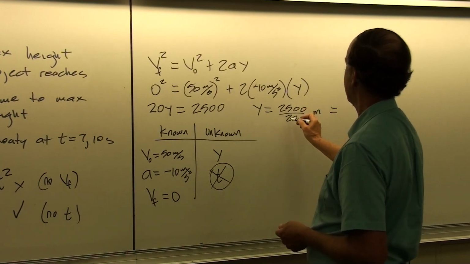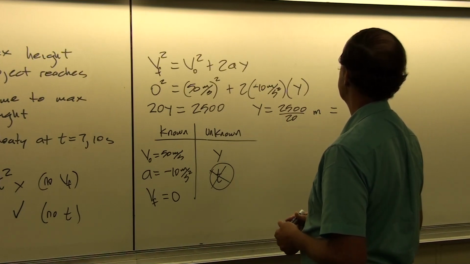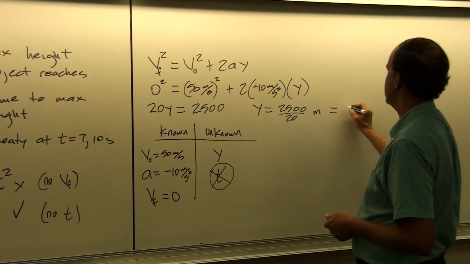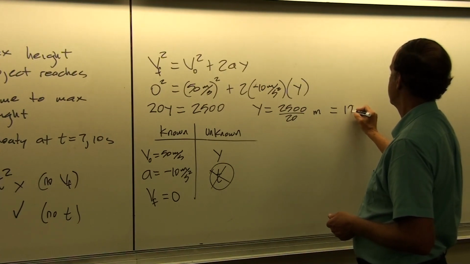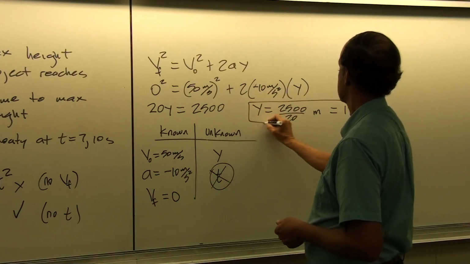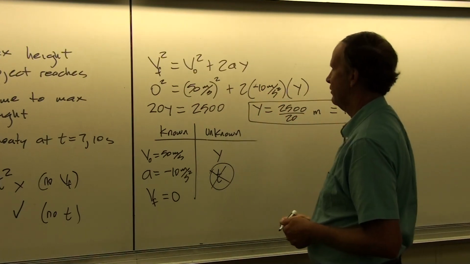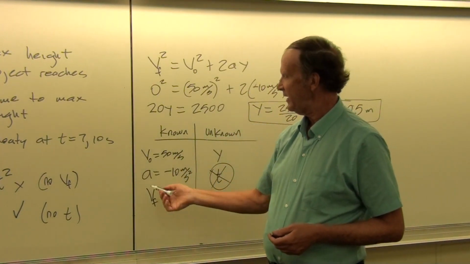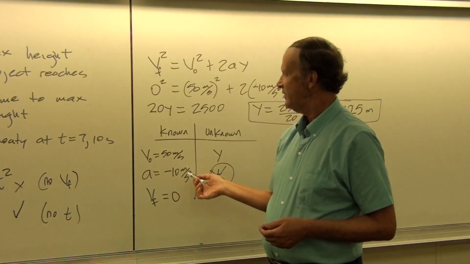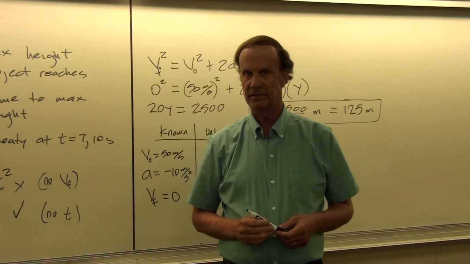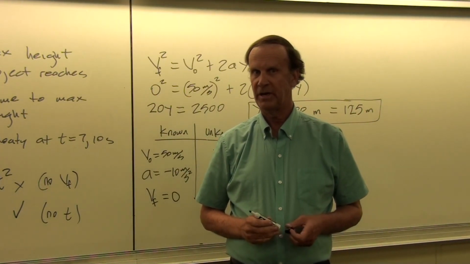2,500 divided by 10 would be 250. So divided by 20, that would be 125 meters. So that would be our value for y. Now, is this exact? The answer is no, it's not exact, because the actual acceleration due to gravity is minus 9.8, and we put it as minus 10.